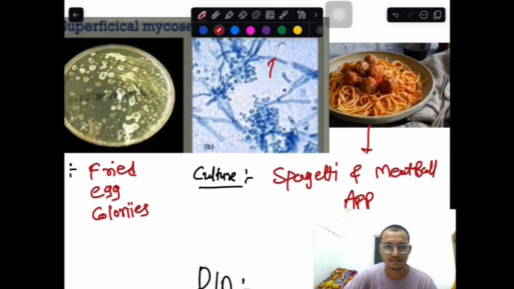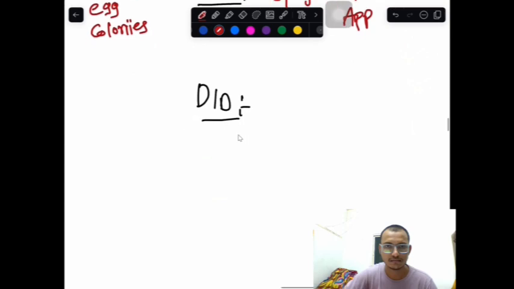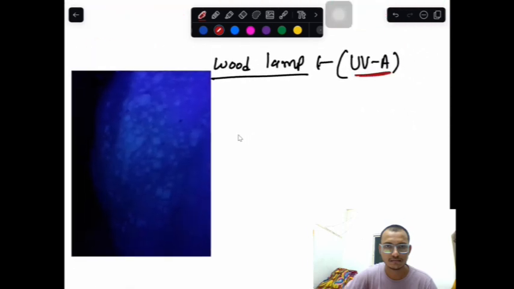These are the spaghetti, right? These are similar to spaghetti, and this one is meatballs. And what are the differential diagnoses? First, we will see the Wood's lamp.